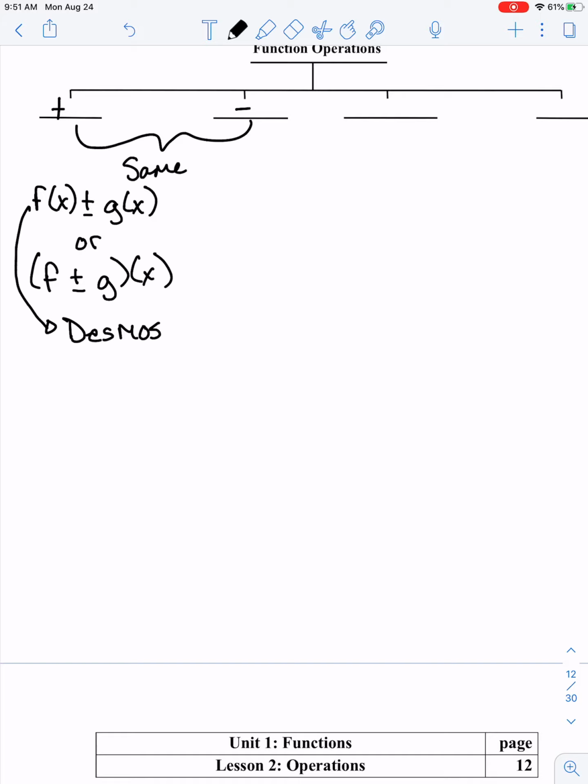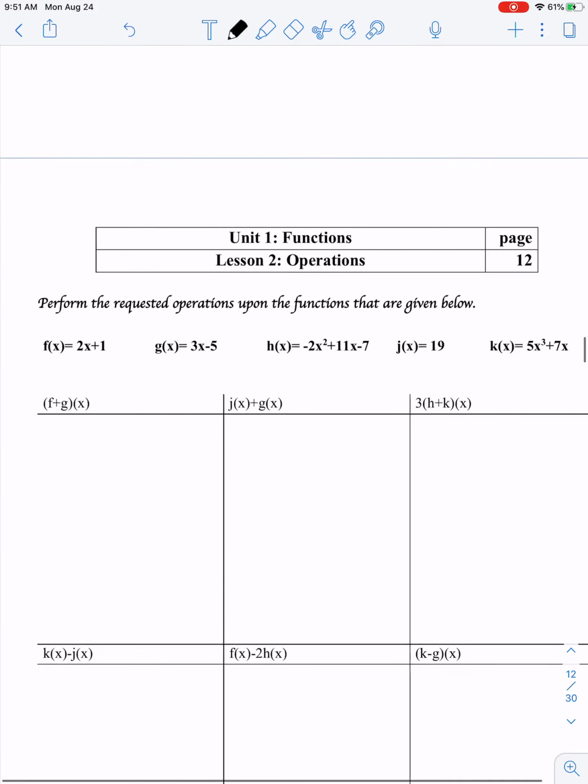Okay. So the first thing you want to do is plug in or substitute your functions. So if I come to an example, f plus g inside parentheses of x, I'm going to have to rewrite this as f of x plus g of x.